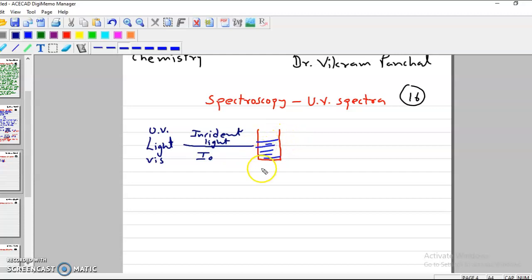Now some light will be absorbed by solution, colored solution, transparent solution, and then some light will pass through. This is called transmitted light.